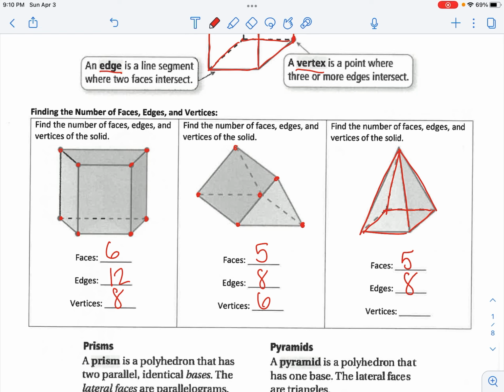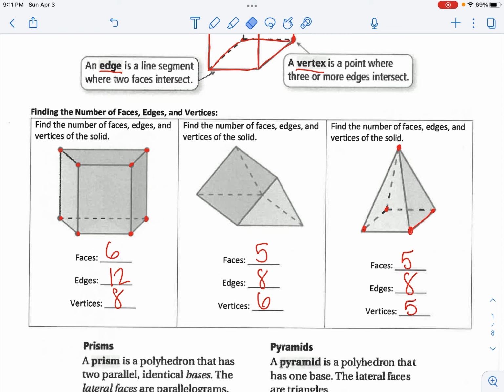And then for my vertices, I have, let's see, 1, 2, 3, 4, 5. I have 5 vertices. I'm going to go back to this second one because I think I messed up.